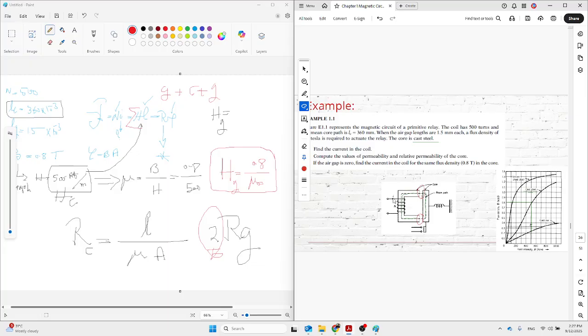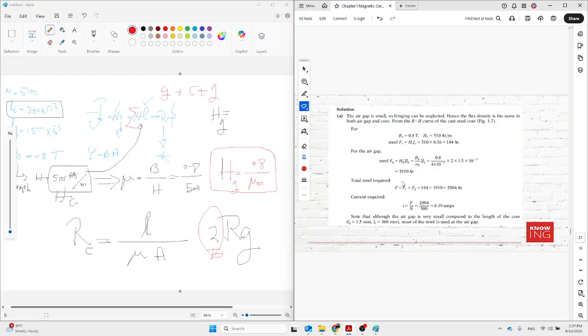Sometimes it is possible in the exam I give you this part plus this part separately. In this example, the whole average length is given to you in one, which is 360. In the exam, I can give you 300 plus 60 or other values. Finally, when we calculate the MMF, we can easily find out the current, which is 4.19.